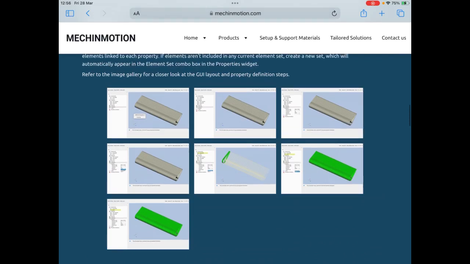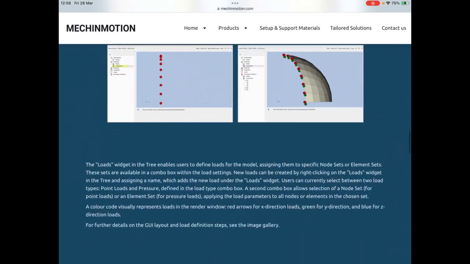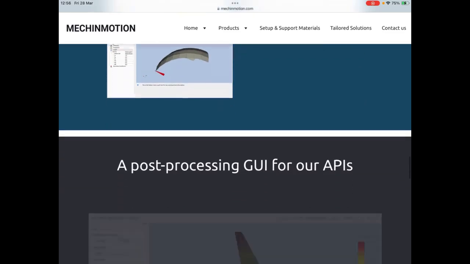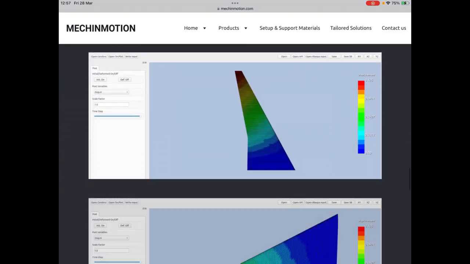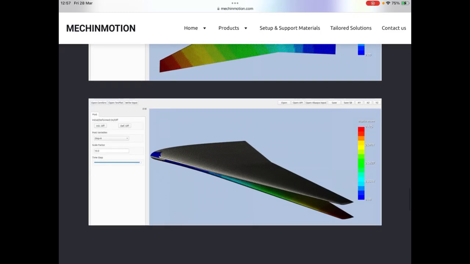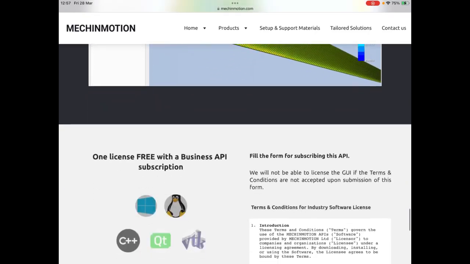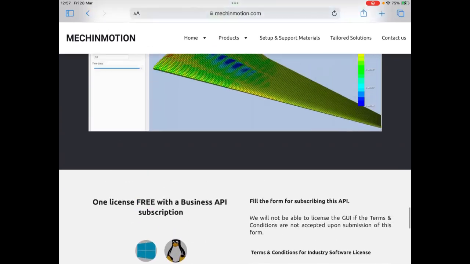You can select node sets and element sets, and visualize which sets by double clicking and seeing on the tree which sets you are seeing, the boundary conditions, loading, these kinds of things. You can also visualize results. This is a full wing model run with shell elements. You can see strains, displacements, stresses, everything.